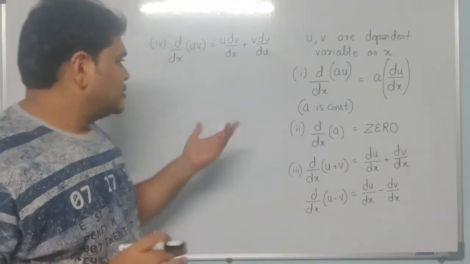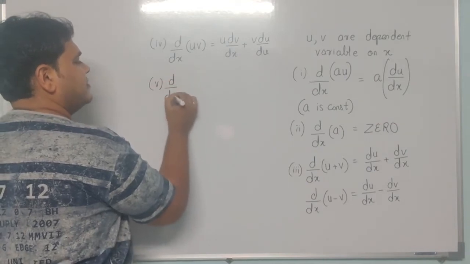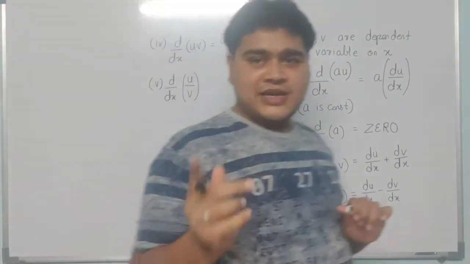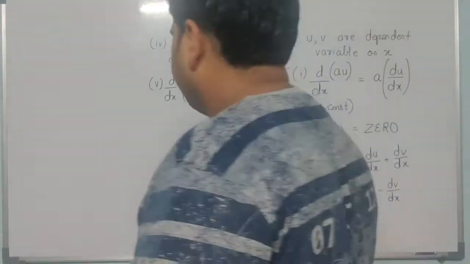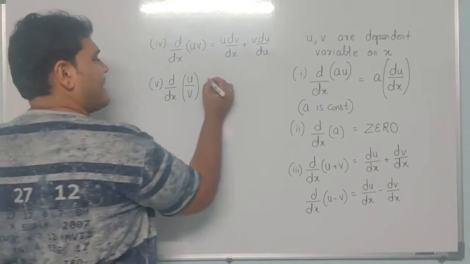Yes guys? So now what if we have division, u upon v? Can anyone think of it? If you can, it will be amazing. Okay, let's try and do that.